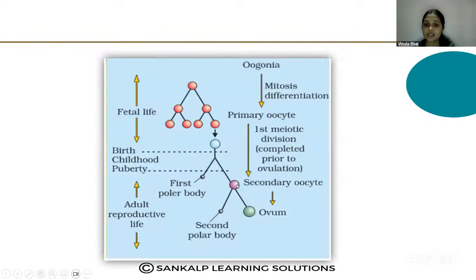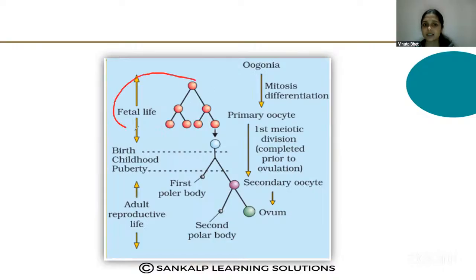The secondary oocyte completes the second meiotic division during fertilization, when the sperm penetrates; the secondary oocyte completes the cell division and forms the ovum. That takes place in the fallopian tube.